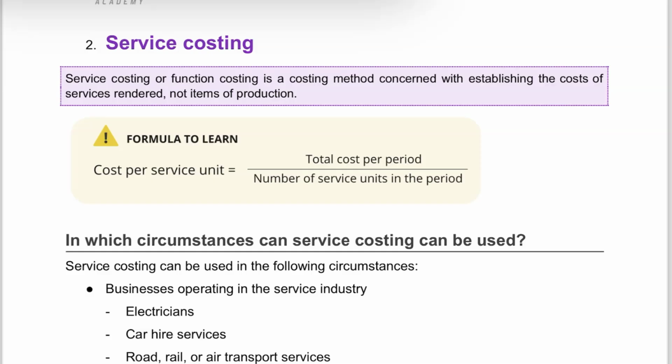So, just like we learned for job costing or batch costing, we take the total cost we incur in a period and we divide it by the number of, in this case, service units. So how many units, or how many times, were we able to render that service using the total cost incurred? That's how we can estimate the cost per service unit.